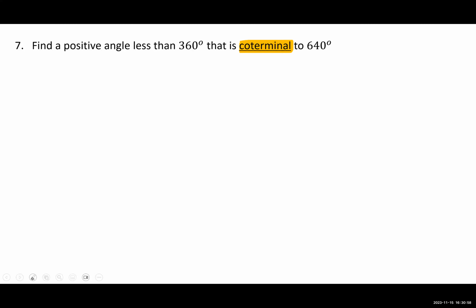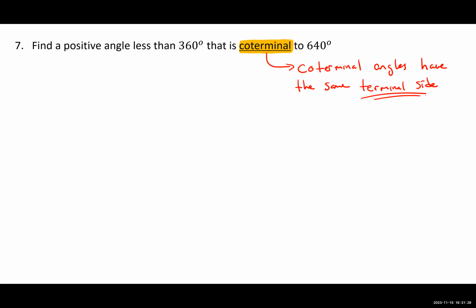Two angles are called coterminal if they have the same terminal side.